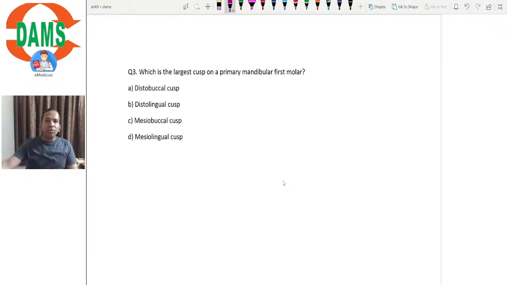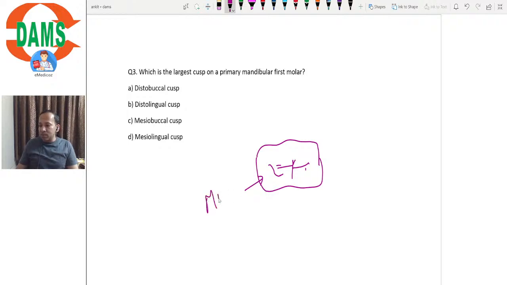Which is the largest cusp on primary mandibular first molar? So more or less this is an atypical tooth, isn't it? The mesial marginal ridge is quite large. It even resembles a cusp.